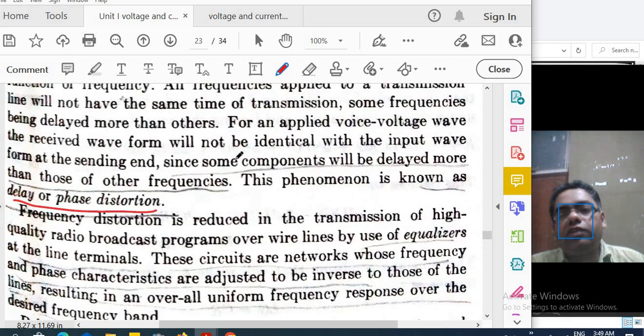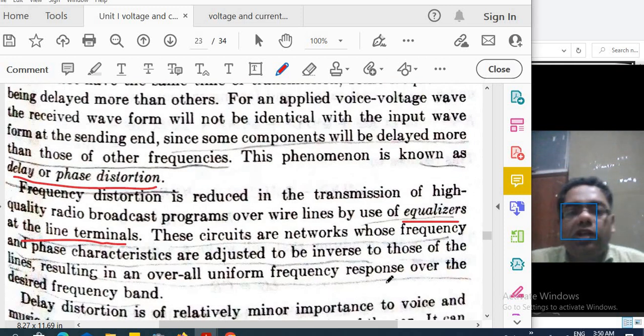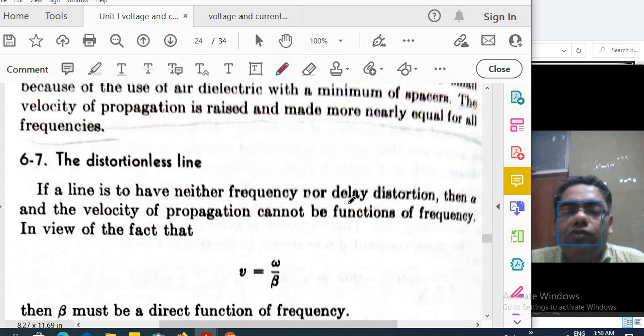Frequency distortion can be reduced in a transmission line by the use of equalizers at the line terminal. These circuits are networks whose frequency and phase response can be adjusted to be the inverse of those of the line, and that way we can avoid the frequency distortion. Now, I want my transmission line to be distortionless.